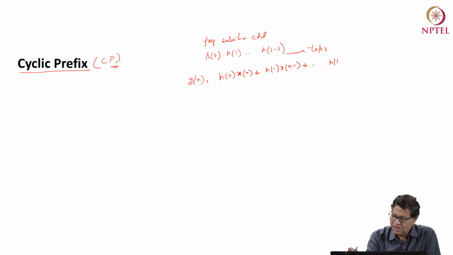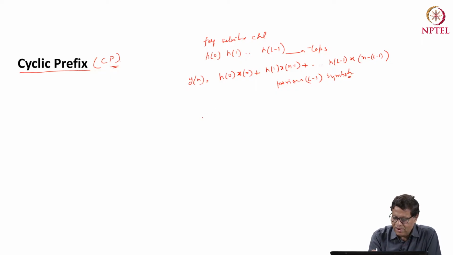The last one is h(L-1) x[n minus L plus 1]. So you also have the contribution of the previous L minus 1 symbols, which is the interference term.